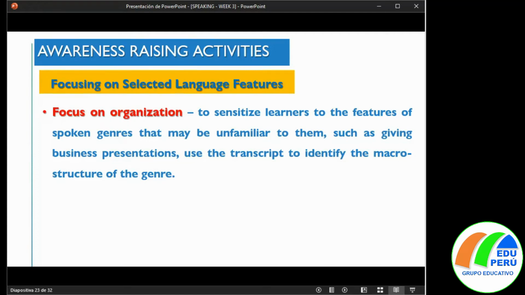So it depends, no? It depends on the genre that you give to them, no? So if it is, as he says, a business presentation, or just an oral presentation that they need to talk about their family, or maybe they are going to tell a story, no? What are the components, the elements, no?